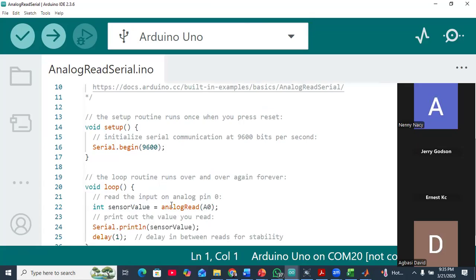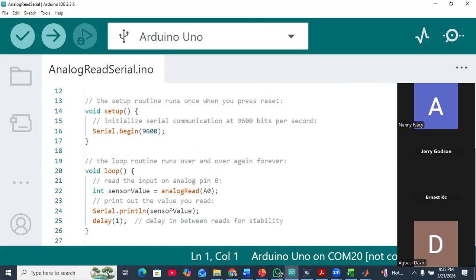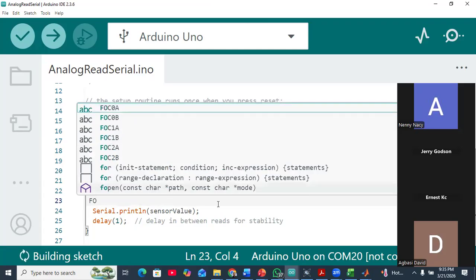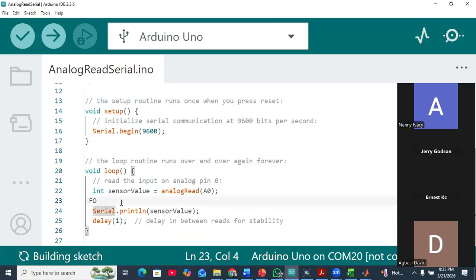When we read it, we just don't want to print it. We can define this one as float to be on the safe side.